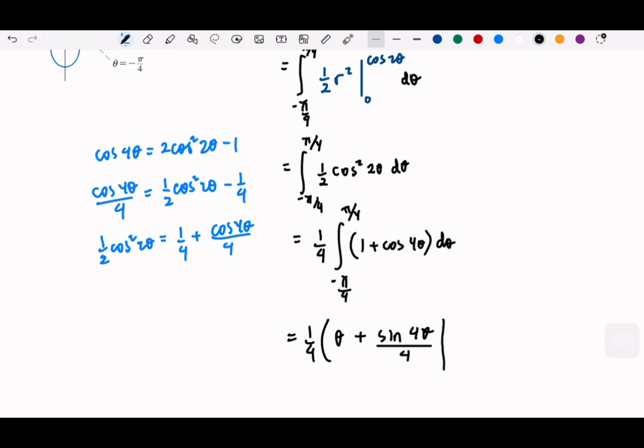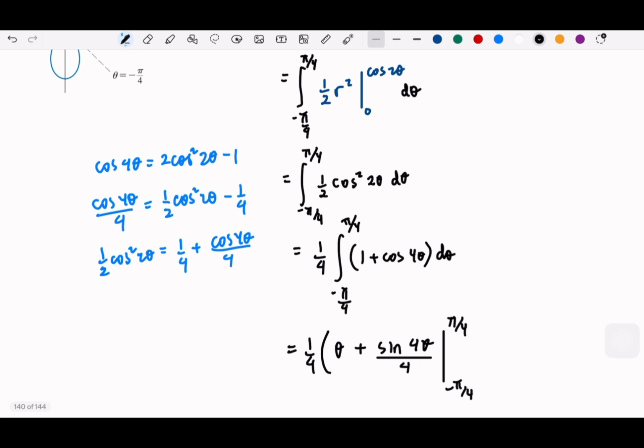And then take the limits from negative pi over 4 to pi over 4. If you get this, then you can perform it in the calculator. You can always use calculators if you have the constants here. But to avoid mistakes, and also to avoid some algorithm mistakes that might happen in your calculator, I suggest you use the calculator maybe here or here, to make sure it's safe to copy.